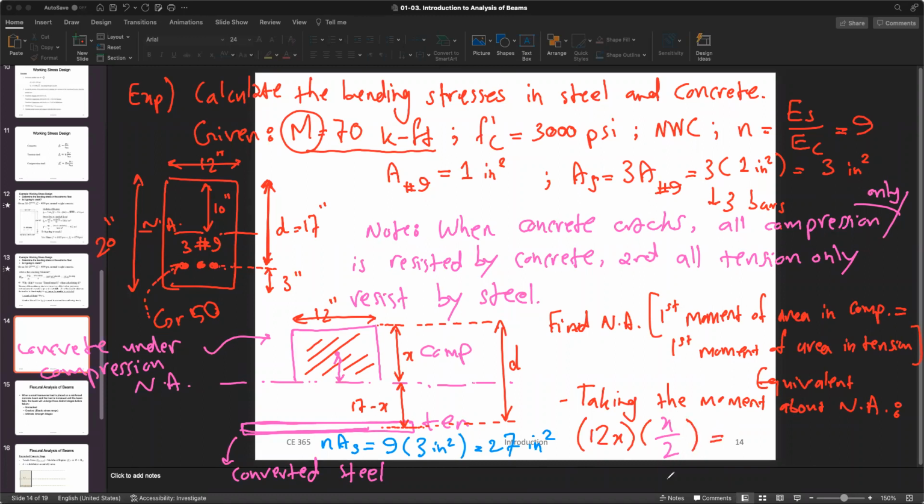Equal, the first area moment of the tension at the bottom. Again, you are dealing with the area, which you have found to be 9 times 3, 27 square inches. Because you are assuming it is a line, the distance is already known. It would be 17 minus x.